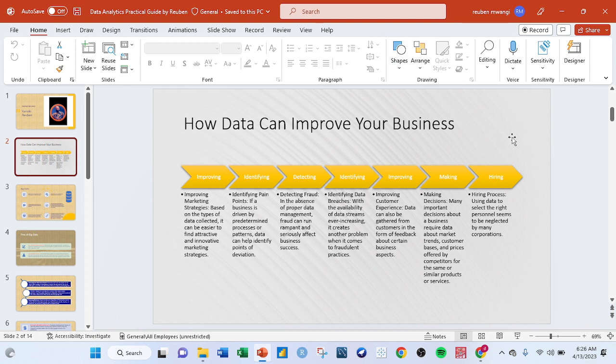In the absence of proper data management, fraud can run rampant and seriously affect business success. For example, take an e-commerce business where you sell particular products, or a retail business where you sell goods to customers.